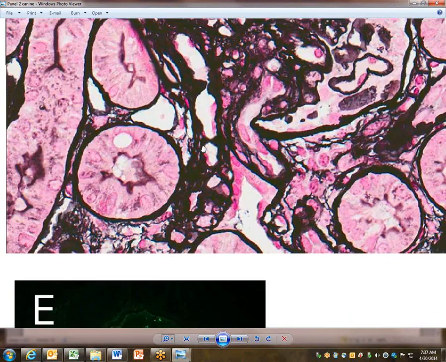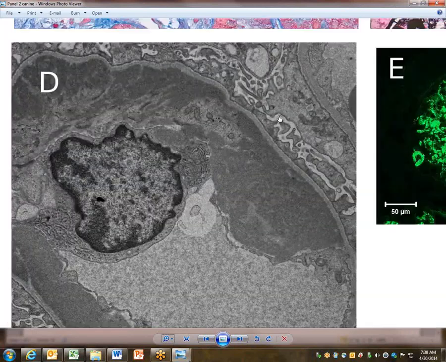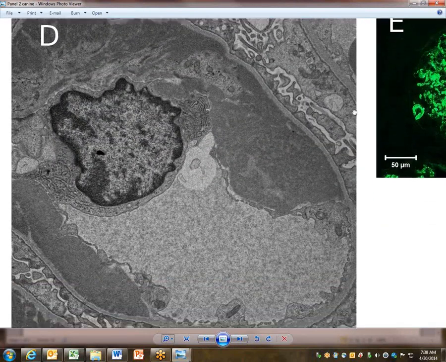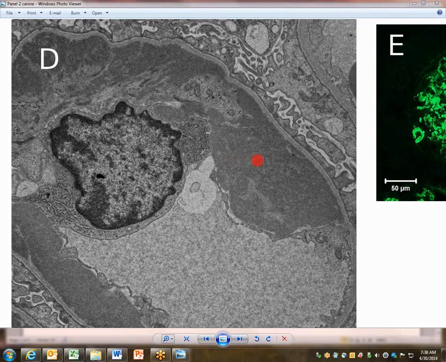Okay, so we can do the EM right now, George. Again, we have a single capillary loop. We have the endothelial cell nucleus at the base of the capillary loop, resting on the mesangium, which is exactly where it should be.